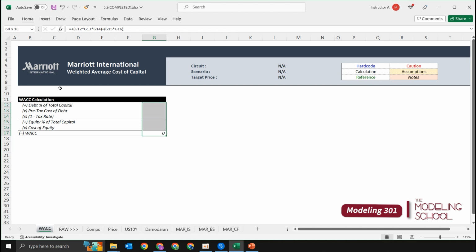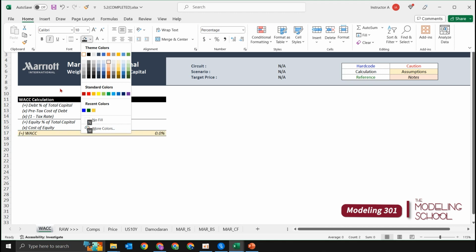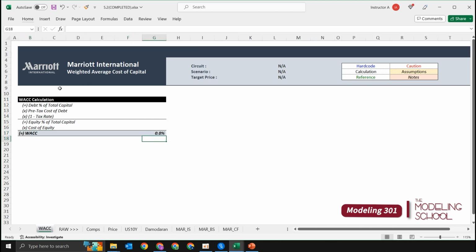Let's select the entire area and pre-format these cells in percentage formats. So this is going to be our final destination of our task.